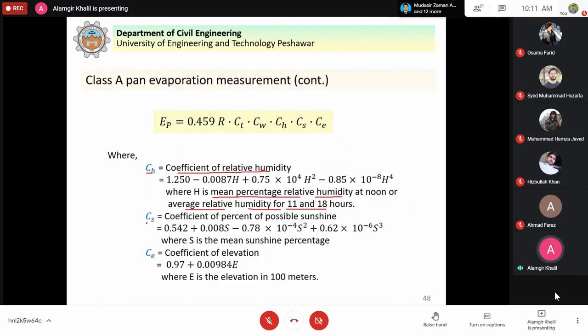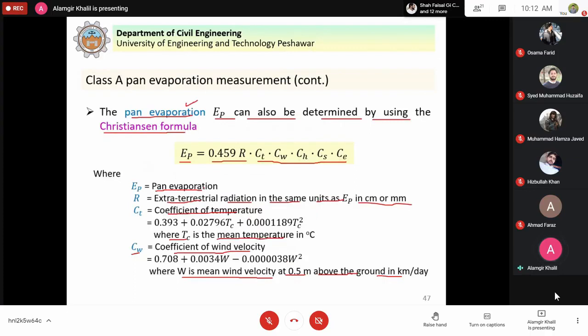CS, the coefficient of percent of possible sunshine, can be calculated from this equation, where S is the mean sunshine percentage, and CE is the coefficient of elevation, where E is the elevation in 100 meters. We can estimate this coefficient for any area if we know its elevation. So this is the Christensen formula, which can also be used to determine the pan evaporation.